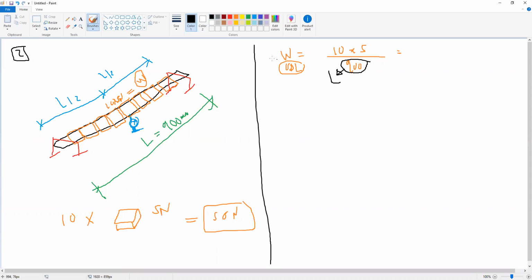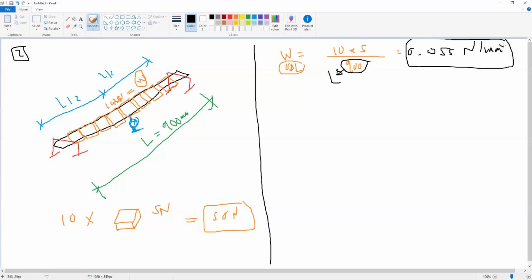So W will be the magnitude of the load divided by the length. I will calculate the value for you. 50 divided by 900 gives us a value of 0.055 Newton per millimeter. Okay, so this is the value of the load we need in calculations.